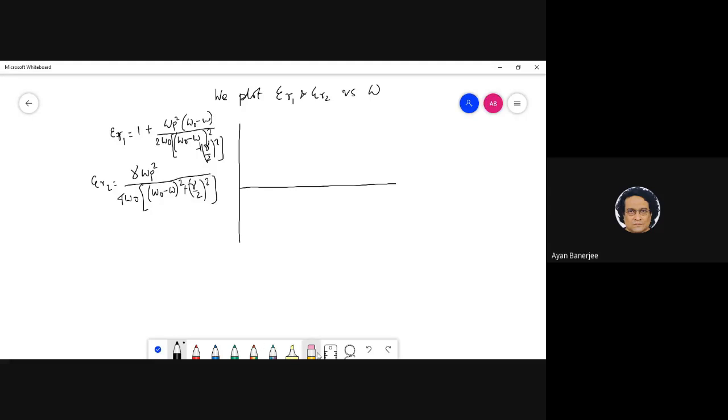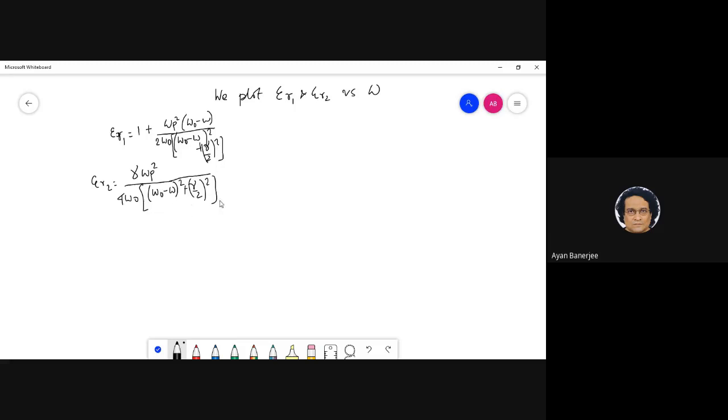Let me just put a bit of space. So what do you think will be the nature of this epsilon R2? If I consider near this omega 0 equal to omega, what will be the nature of this graph?